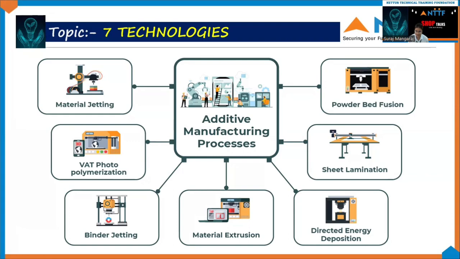There are 5 energy sources in this powder bed fusion. They are SLM, EBM, DMLS, SLS, and SHS. SLM stands for selective laser melting, EBM stands for electron beam melting, DMLS stands for direct metal laser sintering, SLS stands for selective laser sintering, SHS stands for selective heat sintering.